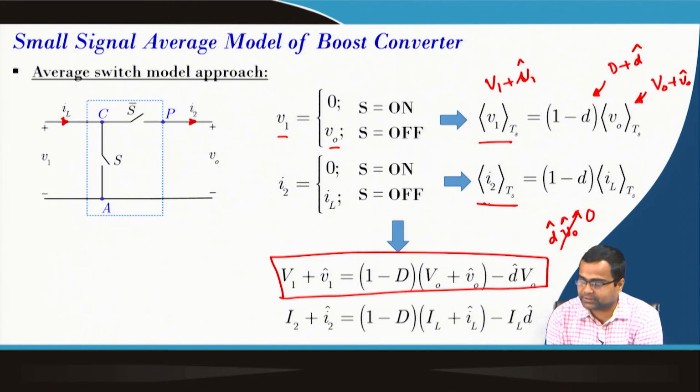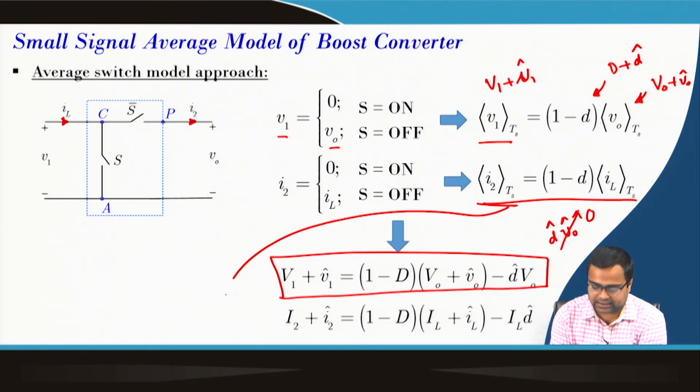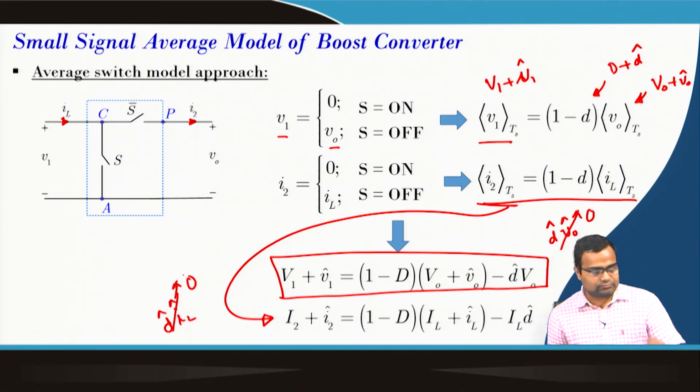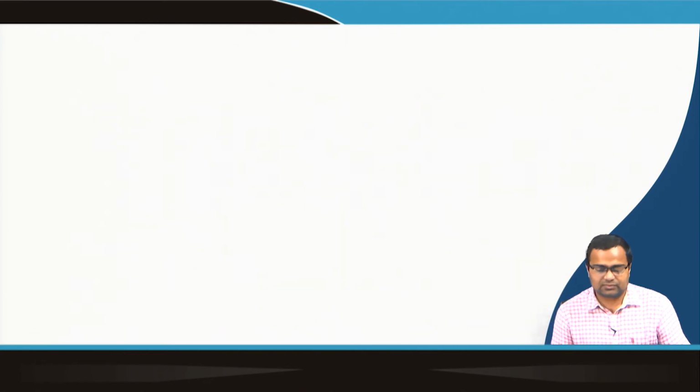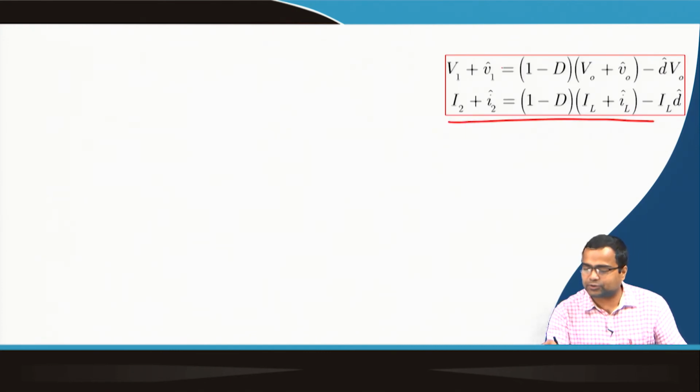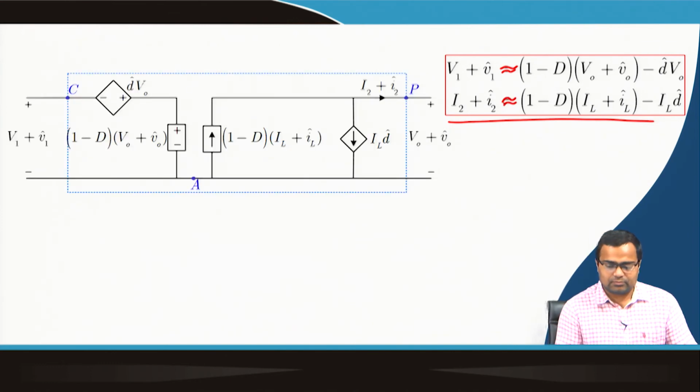Similarly, from this equation we can write this equation, where we have ignored d hat into I L hat. Then we have these two approximate equations where we have ignored the nonlinear terms.